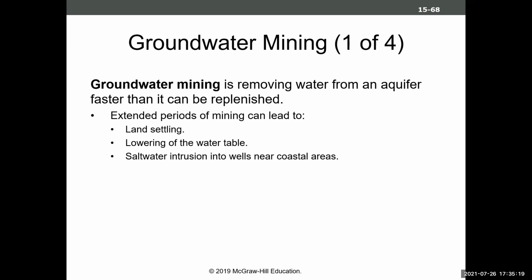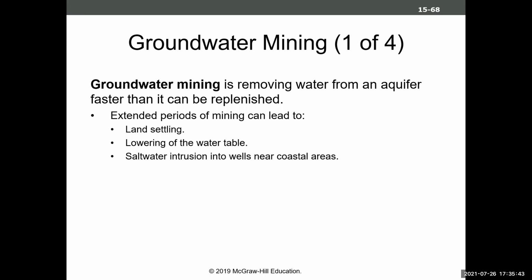And this is known as groundwater mining. And if you have vast periods of mining, you can basically have subsidence, which is where the land actually settles down and lowers because the air spaces that held water between the sand pores or the sediment pores don't hold anything now except for air.